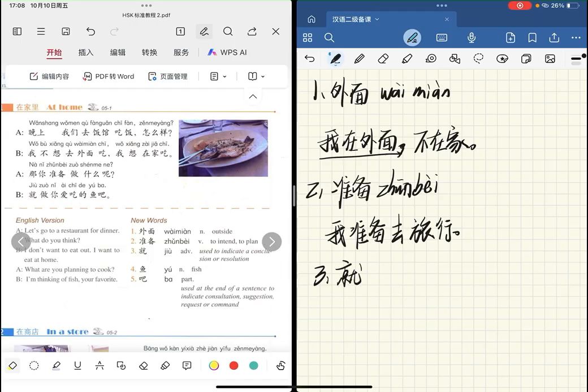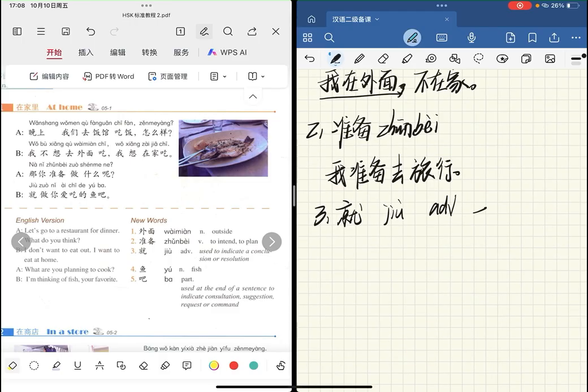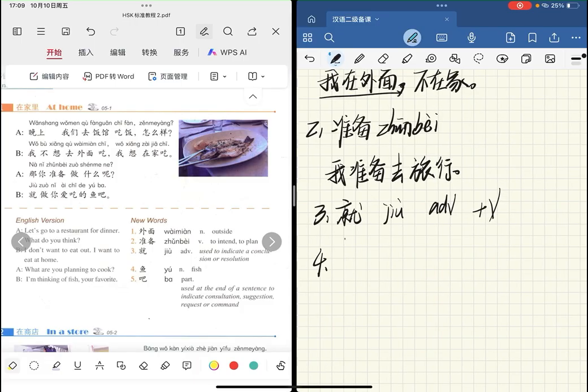Okay, so next one. 就 is used to indicate a conclusion or resolution. We just learned this adverb. 就, as an adverb, indicates a conclusion or resolution. Okay, 鱼, the next one. 鱼, fish.